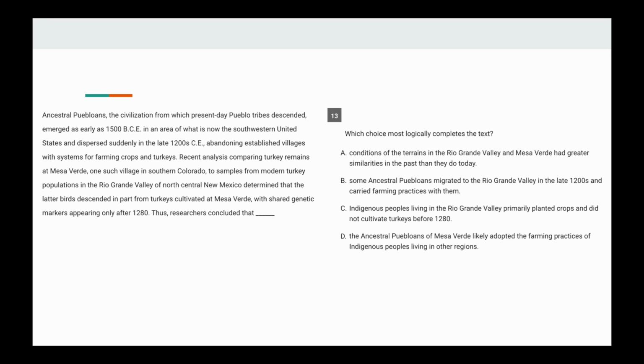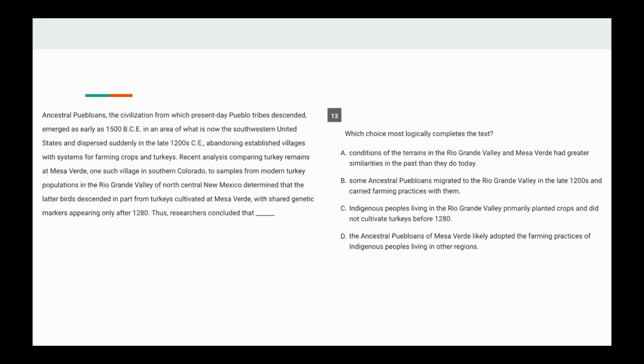Since the turkeys have genetic similarities, it is logical that some of them actually carried farming practices from the villages that they abandoned. Because if they did carry them, there would be genetic similarities, and there are if you read the passage. So B looks good so far. There is no obvious red flag which defies the passage.